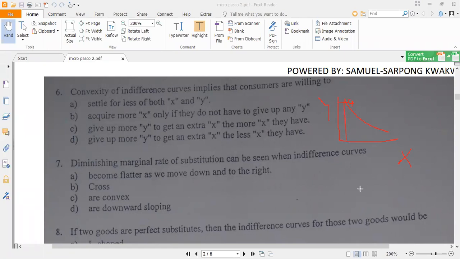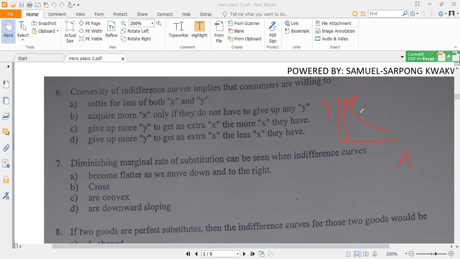This means that you'll be willing to sacrifice more of the good that you are consuming for just an extra unit of the one that you are not really consuming, which means that the marginal rate of substitution, which measures the consumer's willingness to sacrifice one good for the other, will be very high here. Because he's consuming too much of Y, he'll be willing to sacrifice more units of Y just for an extra unit of X, because the units of X that he's consuming is very little.